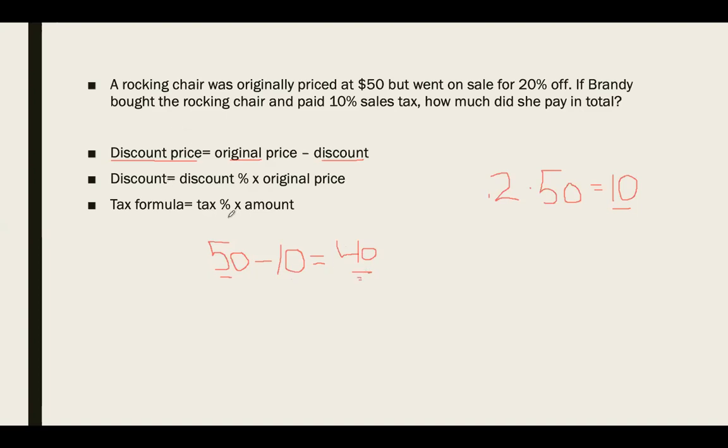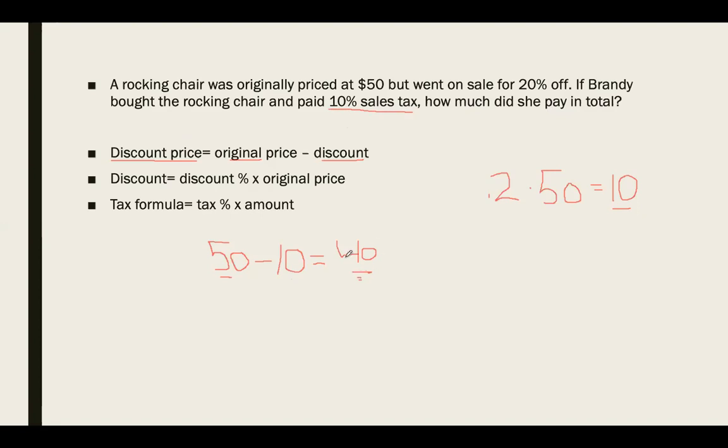Now, in order to find how much she paid in total, we have to remember that Brandy had to pay 10% sales tax. So remember, sales tax is something that most items are associated with when you purchase it from the grocery store or any other store in general. There is a sales tax that you must pay.